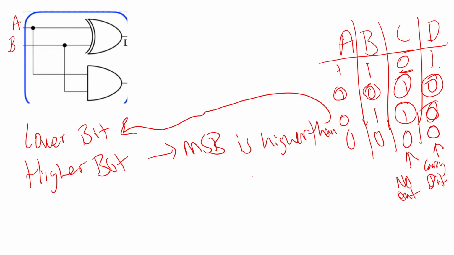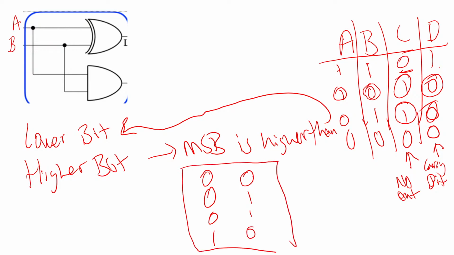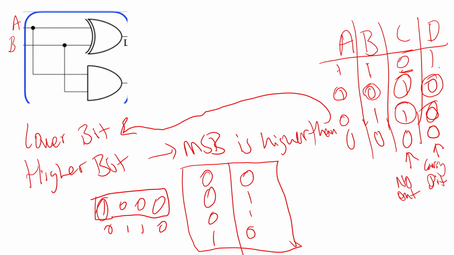For example, I can't really remember how the layout was in the quiz, but it was similar. I think it was like this: 0001, and then 0110 as our truth table. All we're doing is writing it right to left. So we have 0001 and 0110. Well, this one has a higher bit first, so this is going to be our higher bit, and this is going to be the lower one. I hope that made sense.